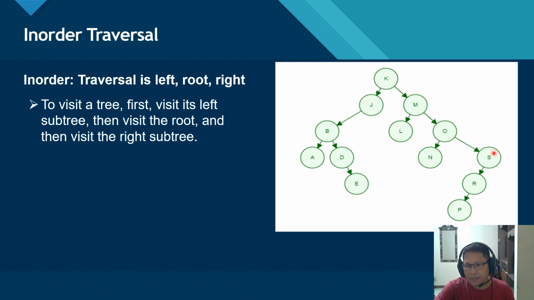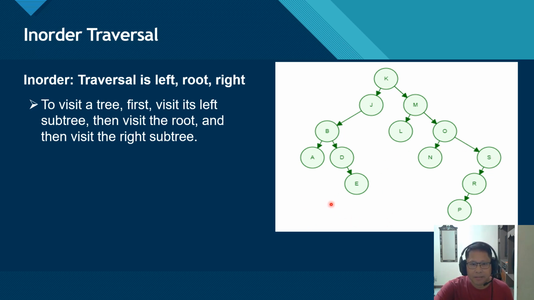But since S here has a child R, and child R has a child P, after O we will go down to the bottommost node, which is P. So after O is P. Then followed by R, and the last one is S.